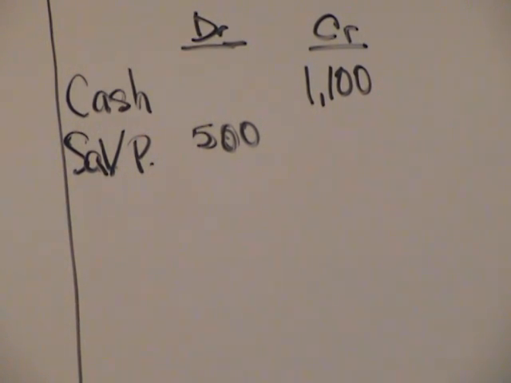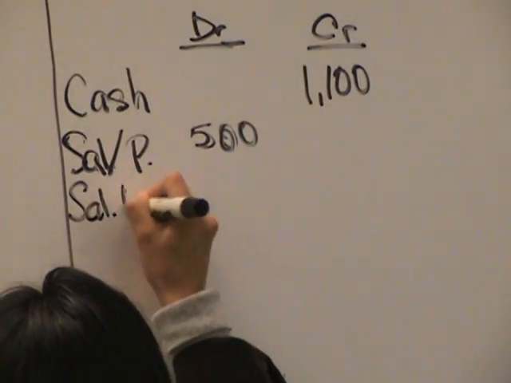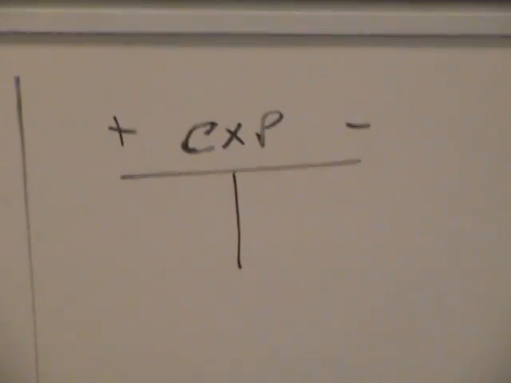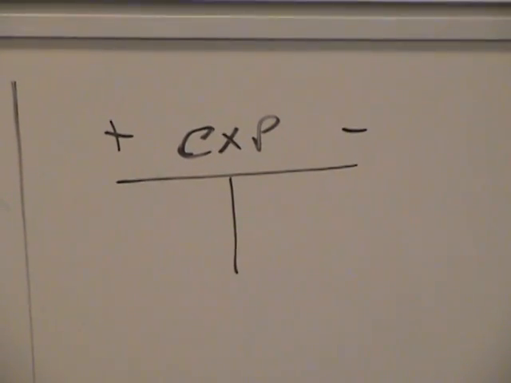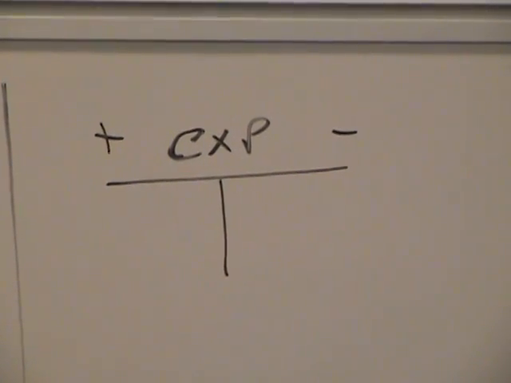So now go right underneath the salaries payable and write salaries expense. This is what they call a compound entry. Let me ask you a question, is salary expense increasing or decreasing? Increase. That's right, an expense is always increasing. Debit or credit? Debit, correct. 600. That's right, that's entry one.